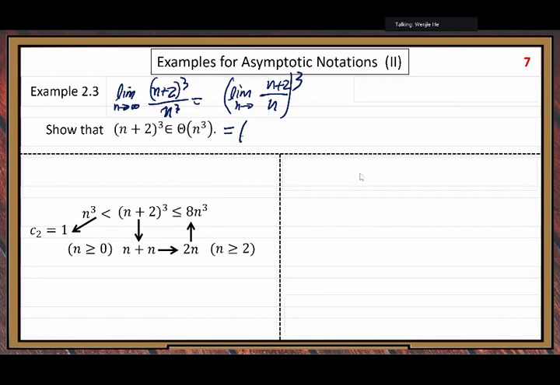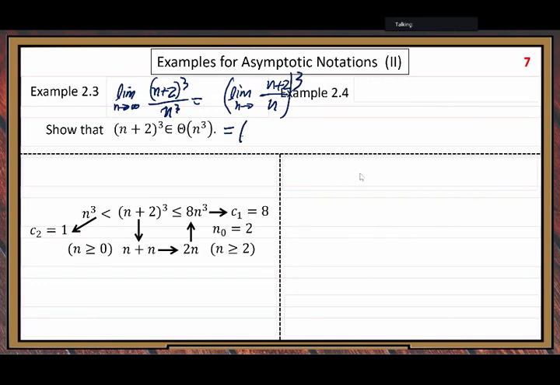It's much easier. If you do polynomial expansion, you have many terms. You need to estimate all those terms. Too messy, too complicated. Although you can do it, you need to do too much work. So here, it's very easy. C2 is 1, C1 is 8, N0 is 2. So you can get a conclusion. All right.